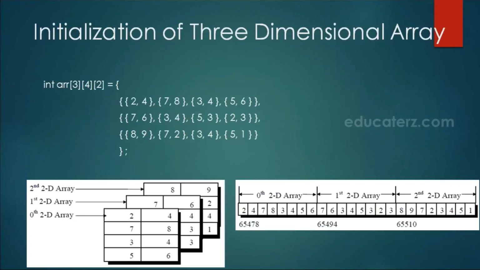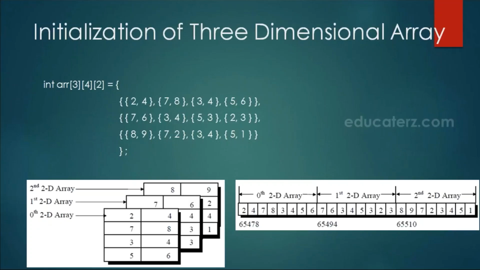We can have a three-dimensional array also, where it is an array of two-dimensional arrays. If I say array[3][4][2], that means I get three two-dimensional arrays, where each array will have 4 rows and 2 columns.